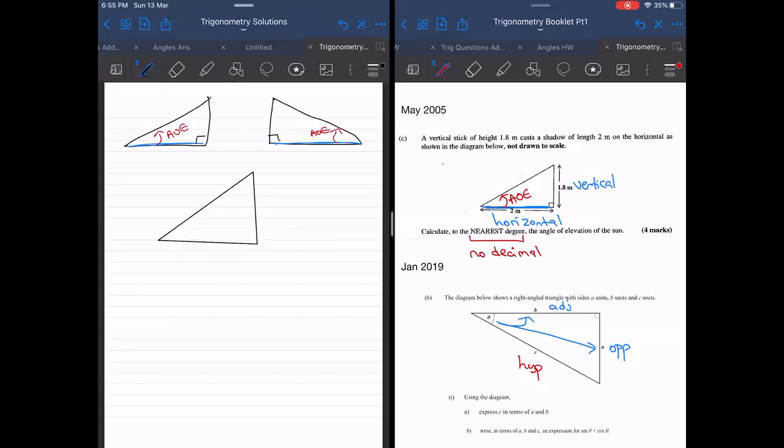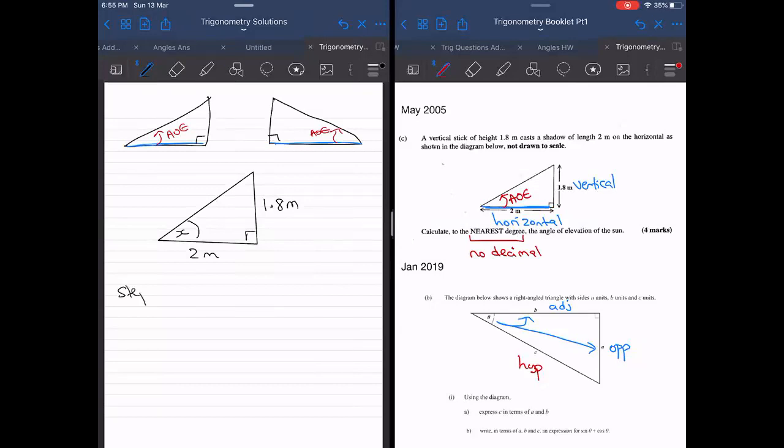All right, so I'm just going to call it X, and this is 2 meters. This is 1.8 meters. So we're asking for the angle. Let's label the sides first.